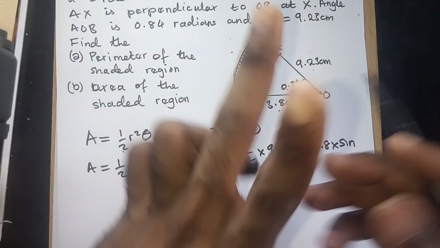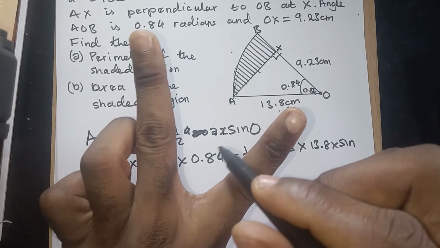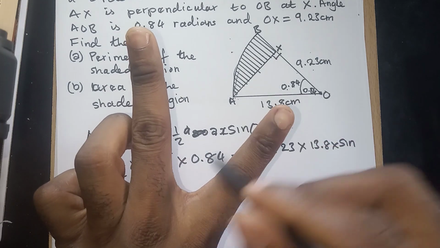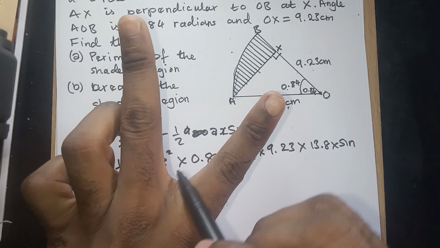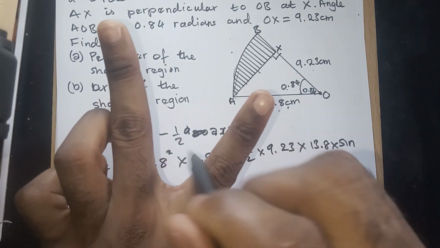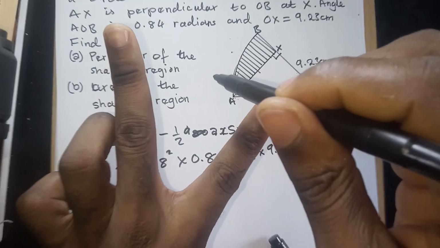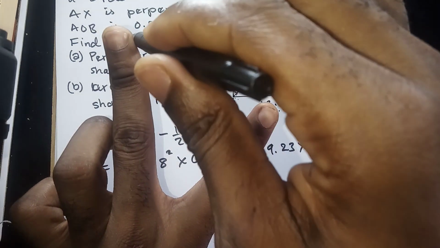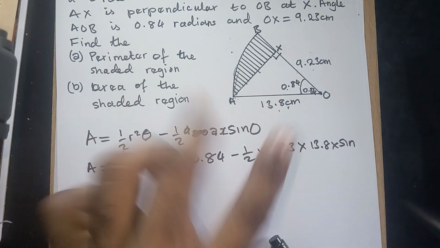The included angle is an angle which is formed by the two sides under discussion. So if you have this side and this side, then your included angle will be this.